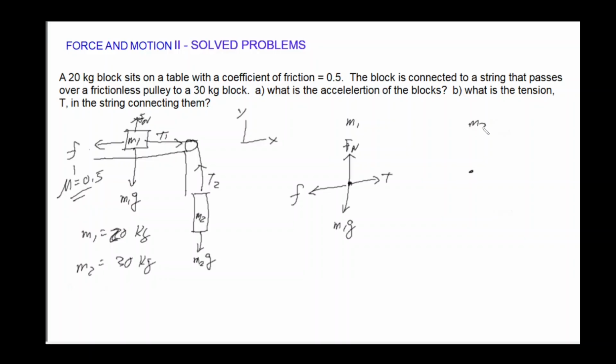And for mass 2, we have the tension pulling up and the mass times gravity, the weight, going down. And we're looking for the acceleration. The first block will have an acceleration in the x direction, and the second block will have an acceleration in the y direction, but because they have a string between them, they're all equal. So we know that.